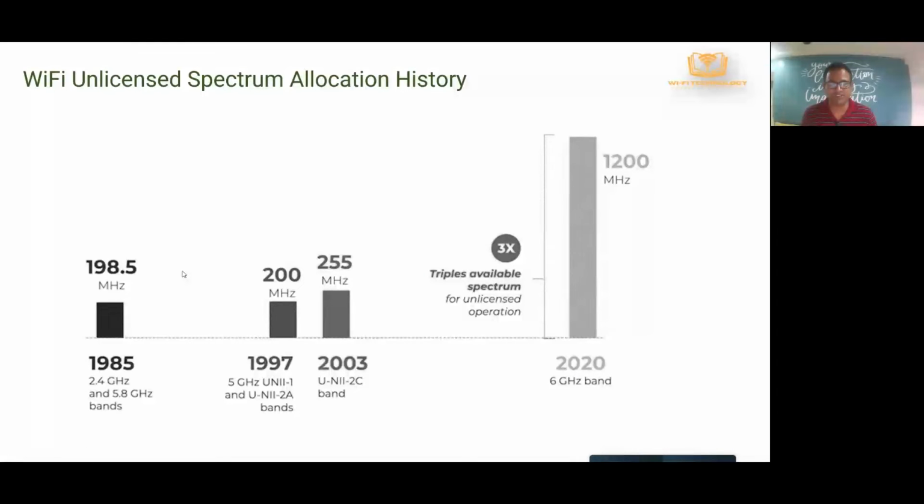Then about 10 to 12 years later, some more spectrum opened up in the 5 GHz band, and later in 2003 there was more spectrum that opened up in the 5 GHz band. If you add up all the spectrum available up until the early 2000s, between 2.4 and 5 GHz, that's only about 600 megahertz of spectrum.